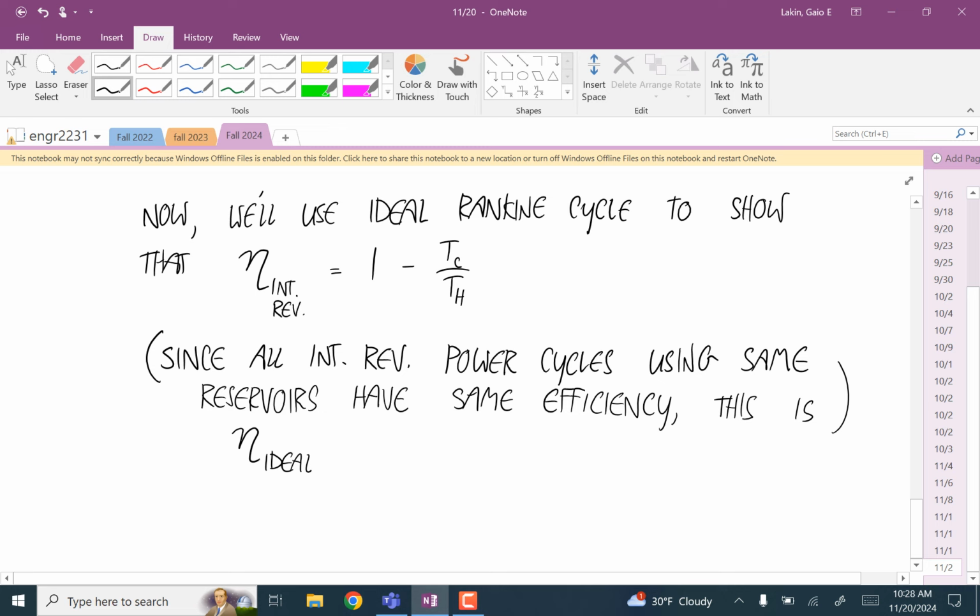So before I just gave you that, believe me, this is the ideal efficiency, but now we can check it for this thing that has these 4 stages where we can actually do calculations.